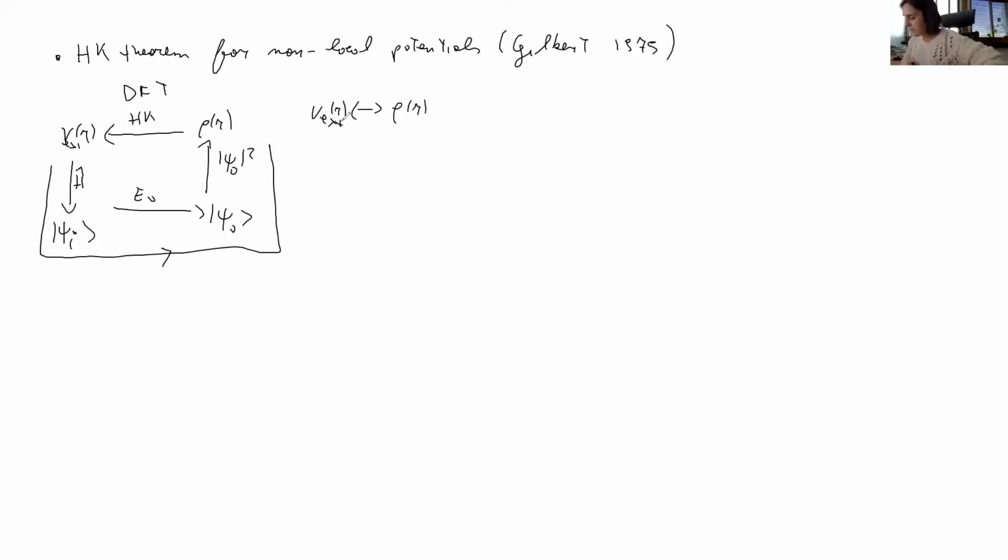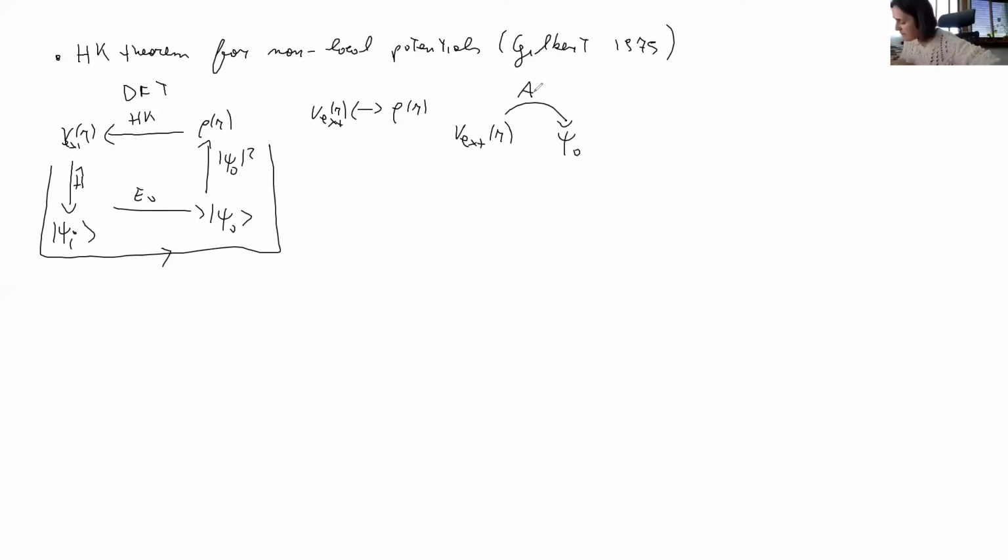And to do this, if you look at this, everything okay? Yes, okay. So you have your external potential. You have the map from the external potential to your many-body wave function.